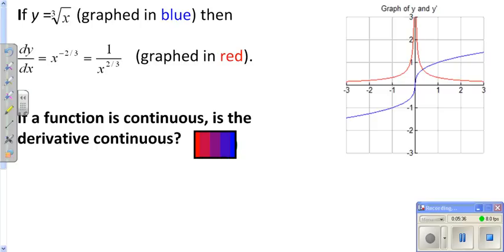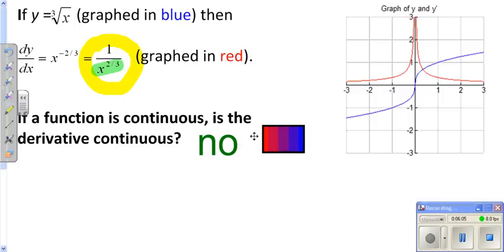That's because when you look at your derivative, your denominator has a variable in it. And whenever that denominator is 0, it's going to have a vertical asymptote. So that's why we have a vertical asymptote at x being 0. So if your function is continuous, which it is, does that also imply that your derivative is continuous? Obviously not, since we have a vertical asymptote.